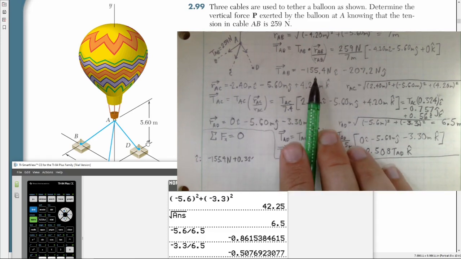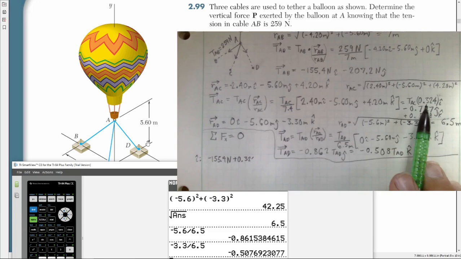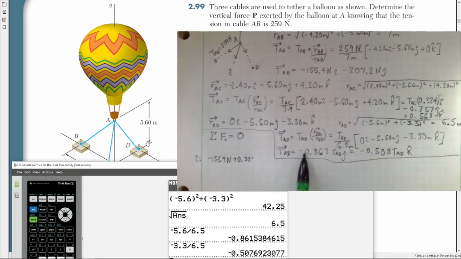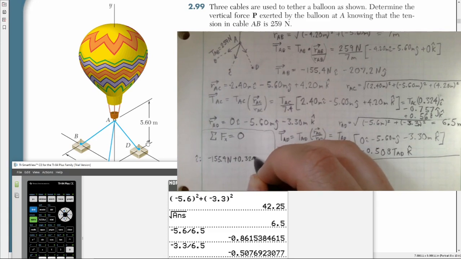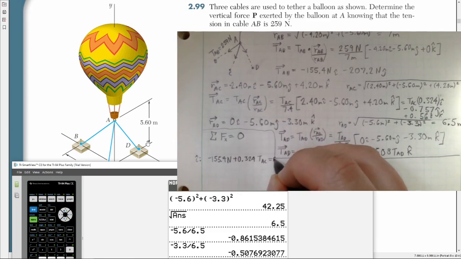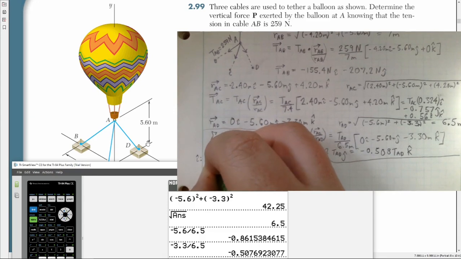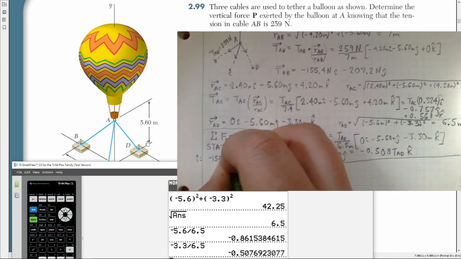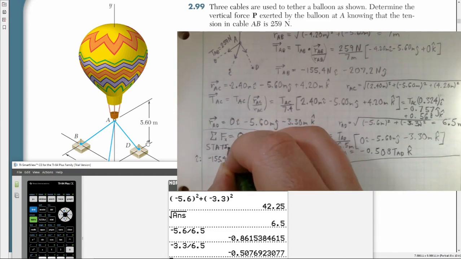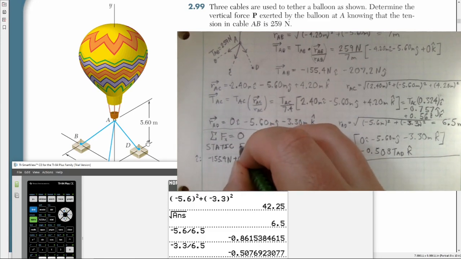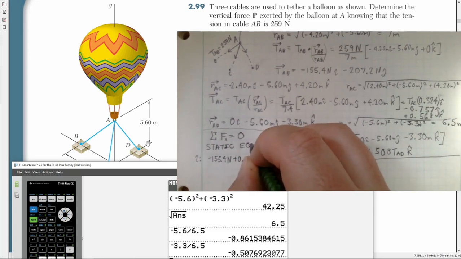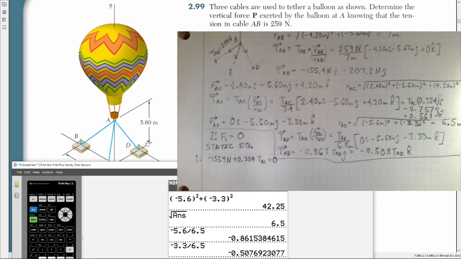So we have 0.324 times tension AC, and that is equal to 0, as we know our summation of force in the x equals 0 because we're in static equilibrium. The balloon is not moving currently. There's a force trying to pull it up, but it is not yet moving. Static equilibrium. Okay.